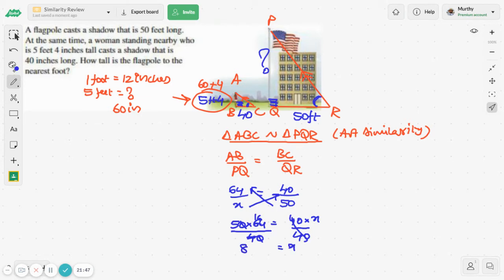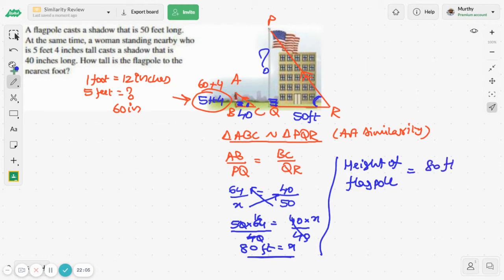So I got x equals 80, but let me mention the units also. Therefore the height of the flagpole is 80 feet.